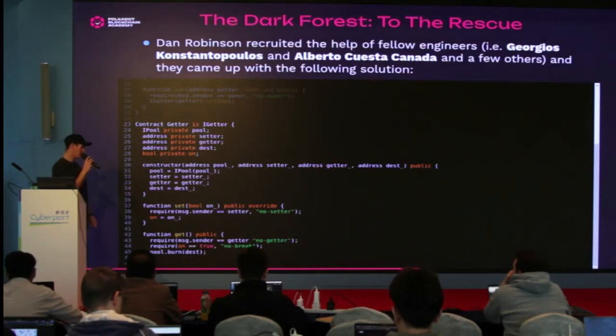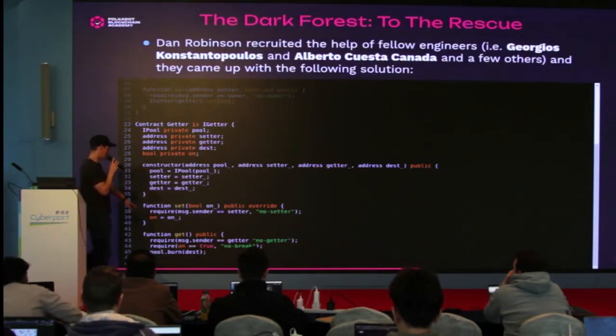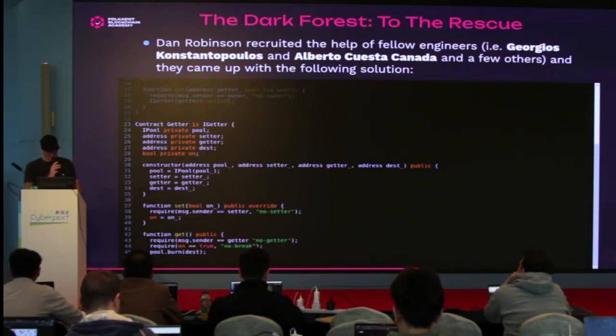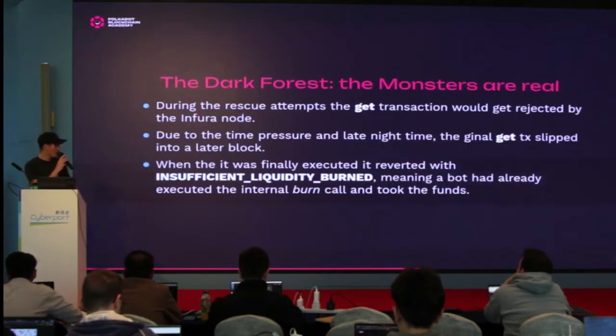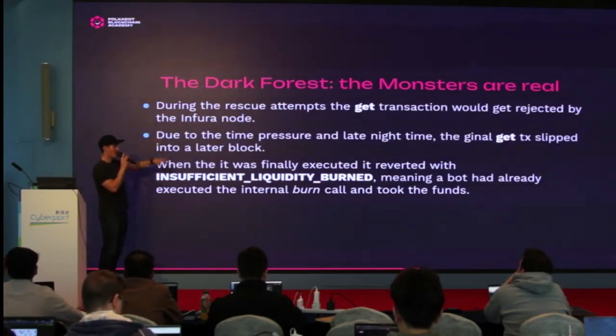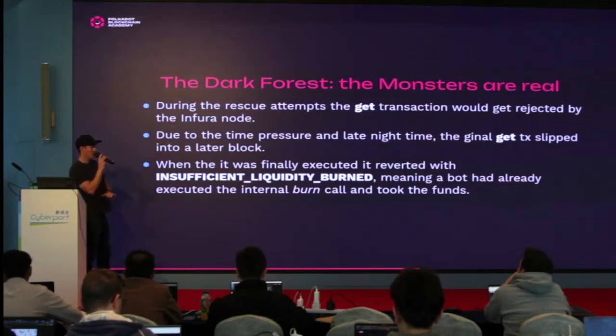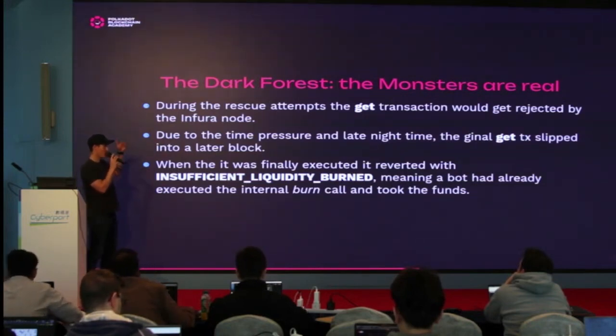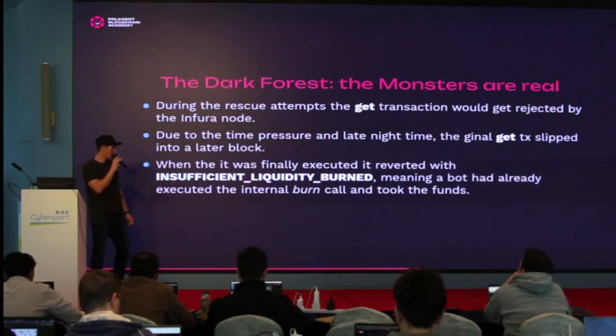You really do not give time for this get transaction to linger in a mempool because someone would notice. Unfortunately, that's exactly what happened. Due to the pressure of time or something, they let this other transaction slip. The set was in an earlier block, get was in a later block, and someone just swapped the funds.